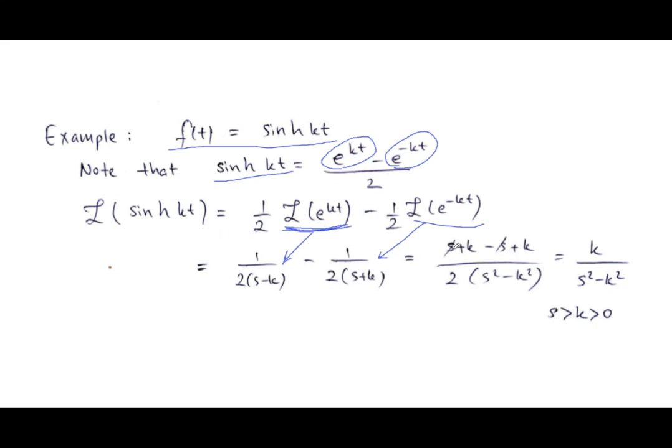Basically we can do the algebra here, multiply this expression with s plus k, multiply the second expression with s minus k, so these terms will cancel, and we just end up with k over s squared minus k squared. So the Laplace transform of the hyperbolic sine function is equal to this expression.